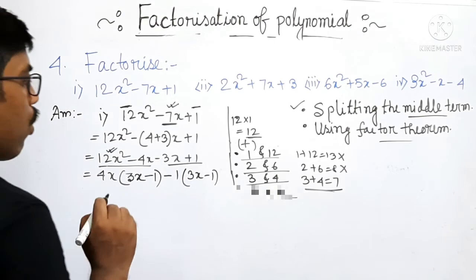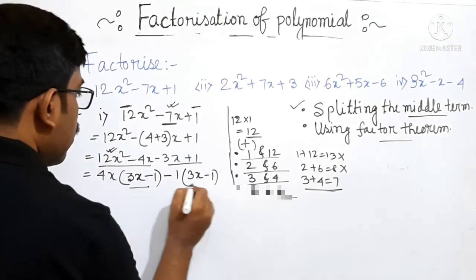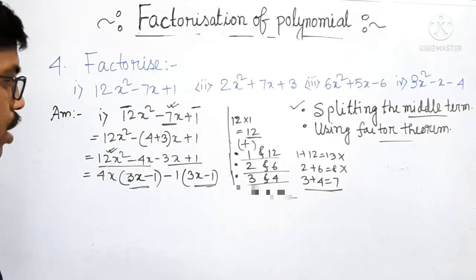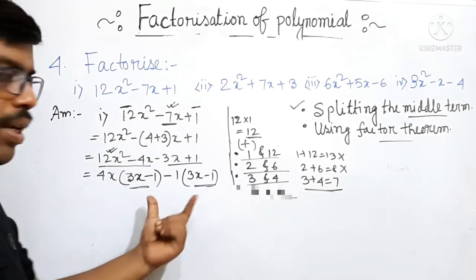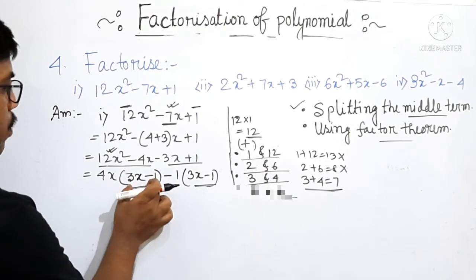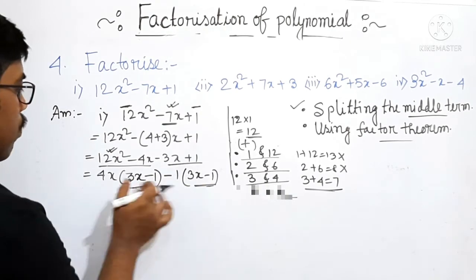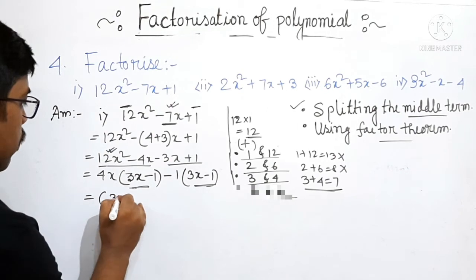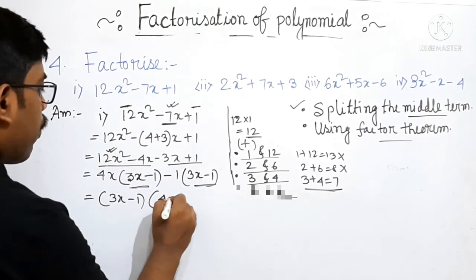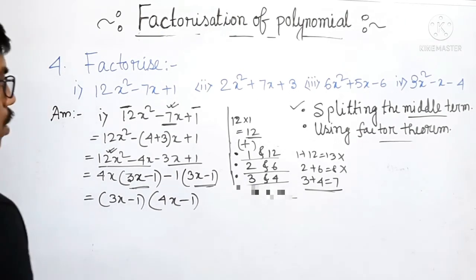You have to always notice that these two factors are always the same. Now from these two terms you can see 3x minus 1 is common in both the terms. So we take 3x minus 1 as common. Then what is remaining? From here 4x remains and from here minus 1.